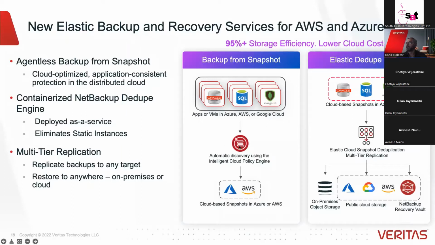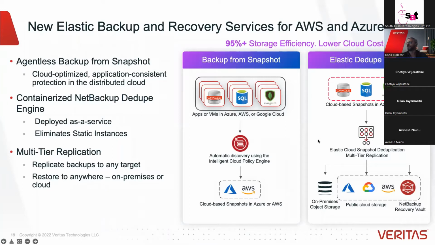But what has happened now with the elastic backup and recovery is that whenever there is a schedule that is supposed to run, a NetBackup instance is triggered, it is powered on, the backups happen, and it is auto provisioned and auto deprovisioned. So you don't have to pay the bills for keeping an instance of NetBackup up and running continuously.